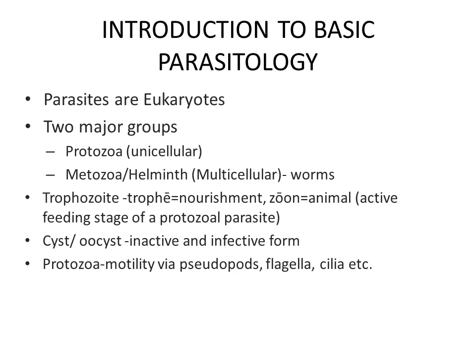Introduction to basic parasitology. Parasites are eukaryotes in two main groups. Protozoa are unicellular, and metazoa are multicellular, called worms.